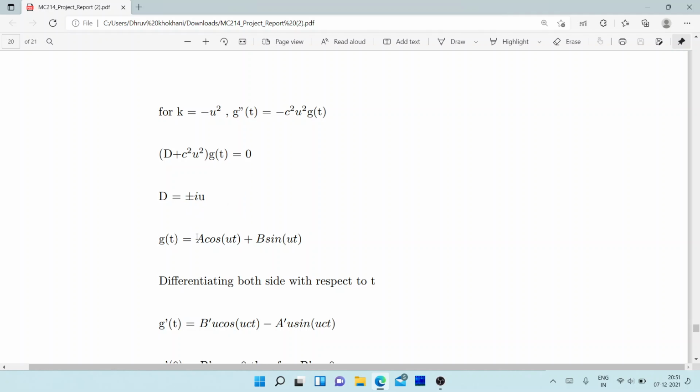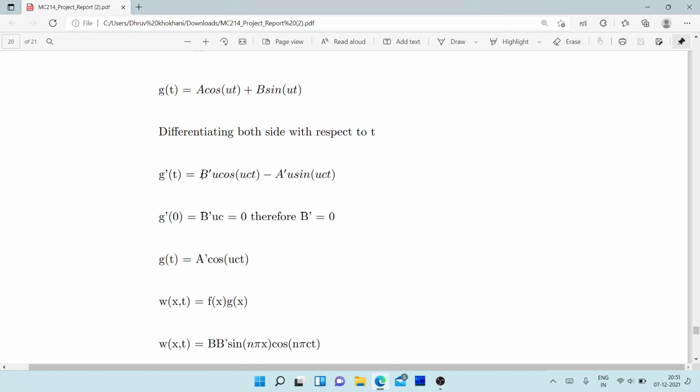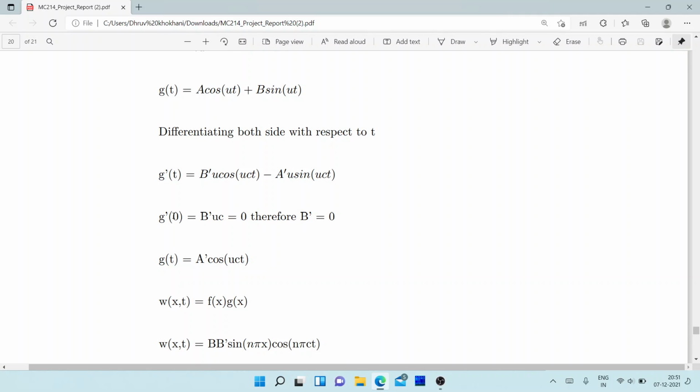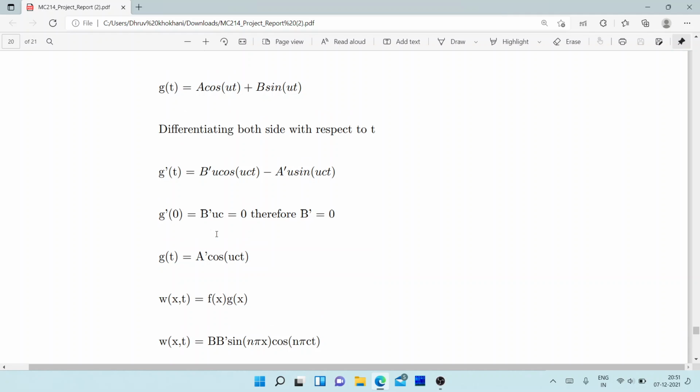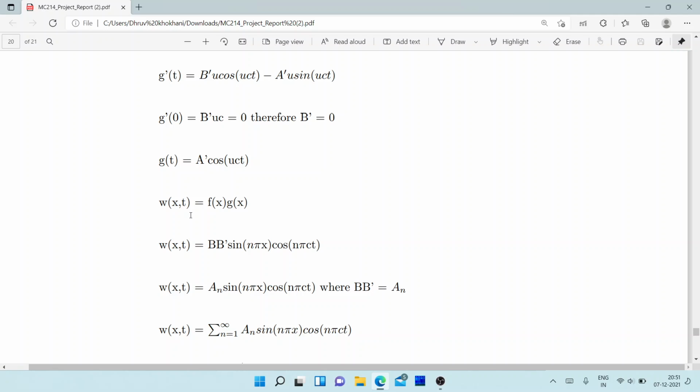So g equal to a cos ut plus b sin ut, and we differentiate both sides with respect to t. So g dash of t equal to b dash u cos uct minus a dash u sin uct, and we put t equal to 0. So we get b dash equal to 0. So g of t equal to a dash cos uct.